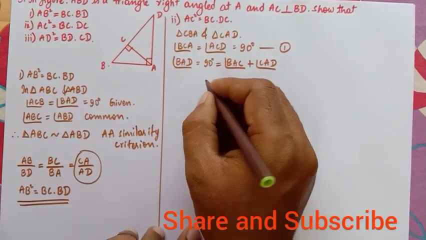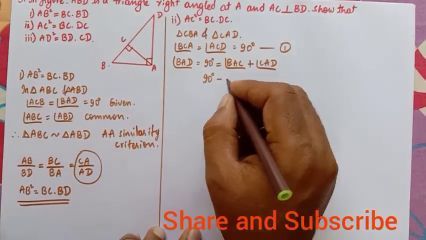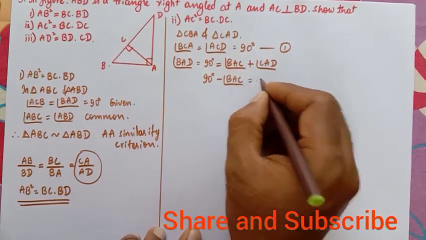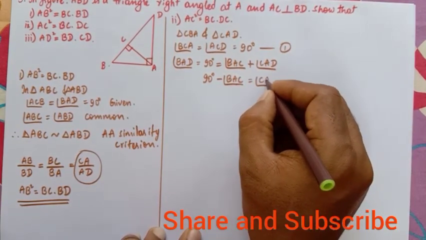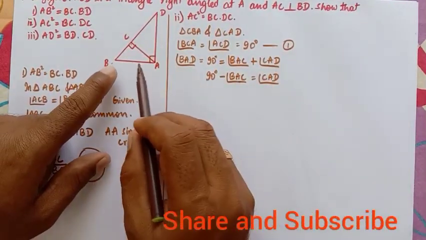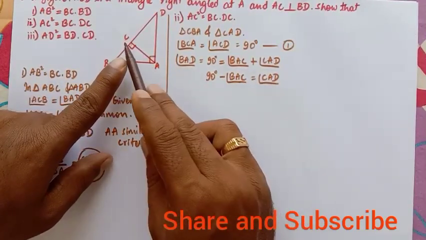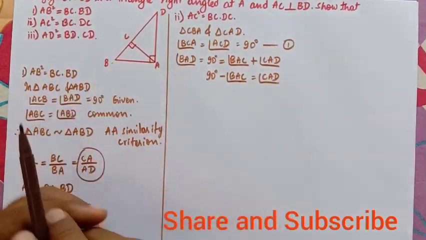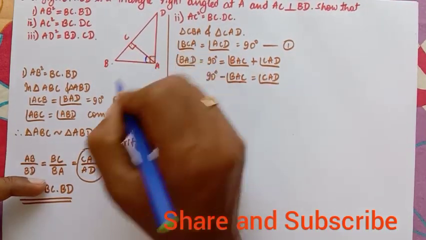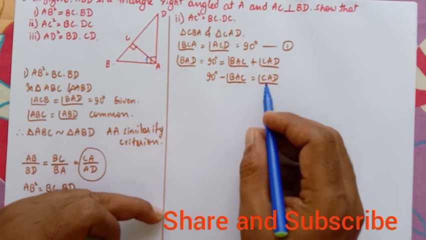So we can write 90 degree minus BAC, angle BAC is equal to angle CAD. You should understand here, 90 degree minus BAC, this angle is equal to CAD.